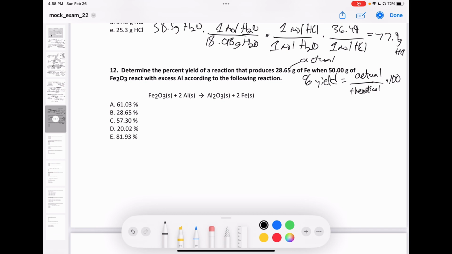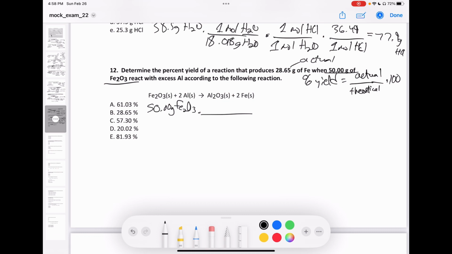So we're going to start with our given, which is 50 grams of iron 3 oxide. And always when we're doing stoichiometry, we always want to convert to moles, and we do that by dividing by the molar mass.